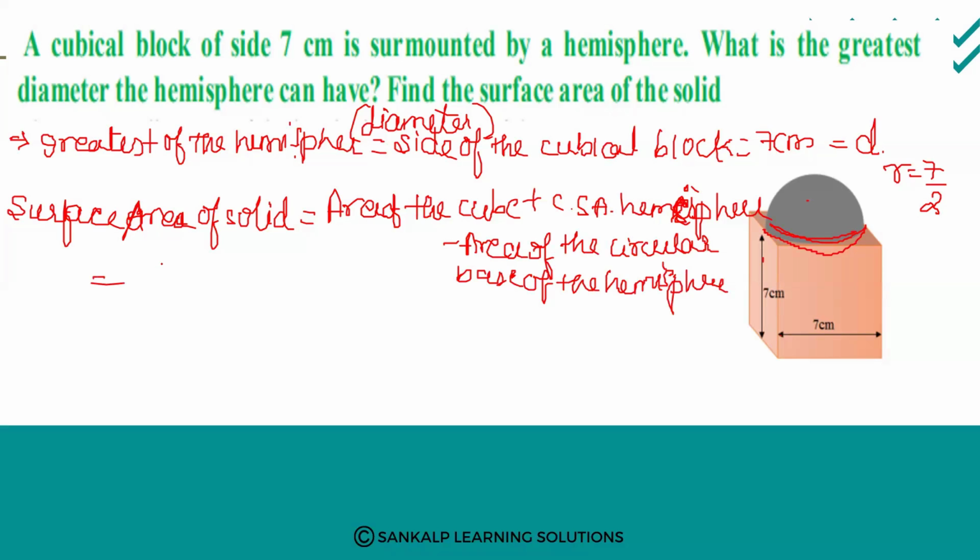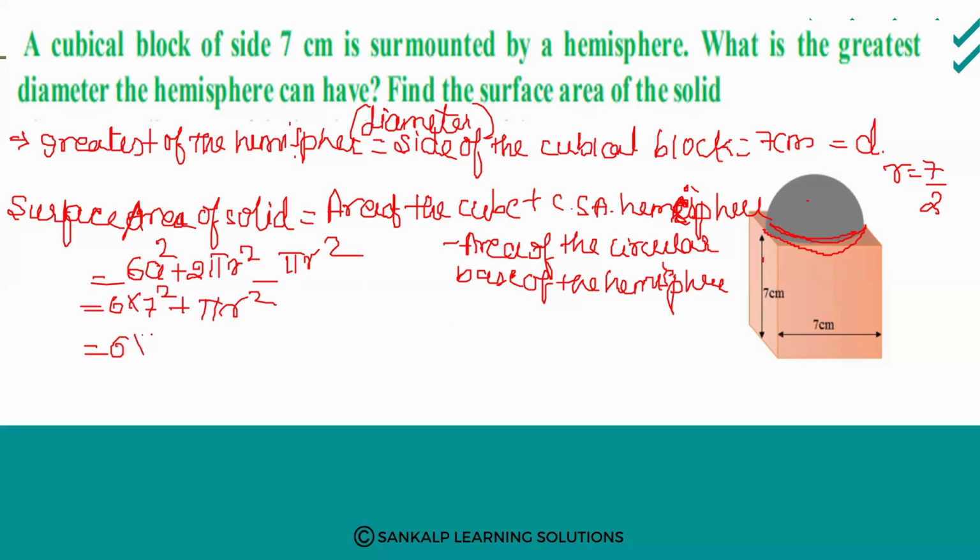Now, area of the cube, that is 6a square. Total surface area is 6a square plus CSA of hemisphere, that is 2 pi r square, minus area of the circular base. Circular base means it is pi r square. Now 6a square, the side value is 7, so 6 into 7 square plus 2 pi r square minus pi r square, which is pi r square only.